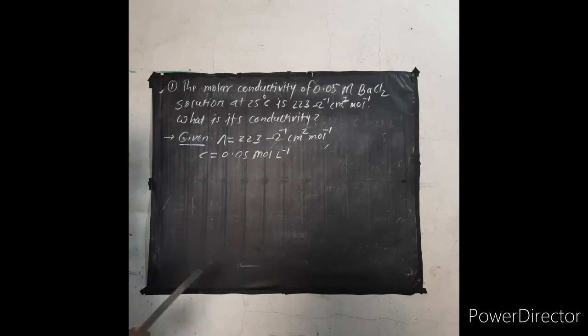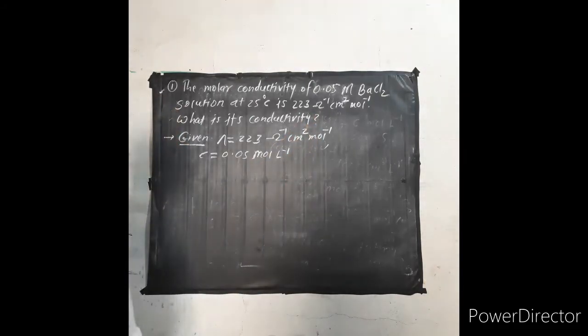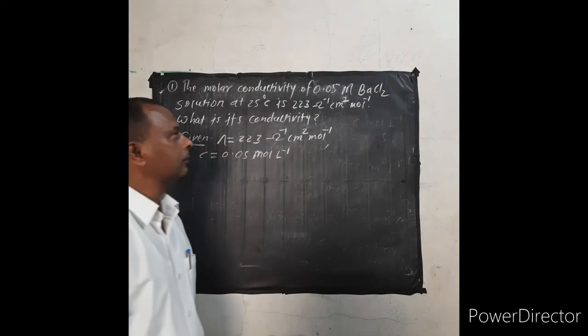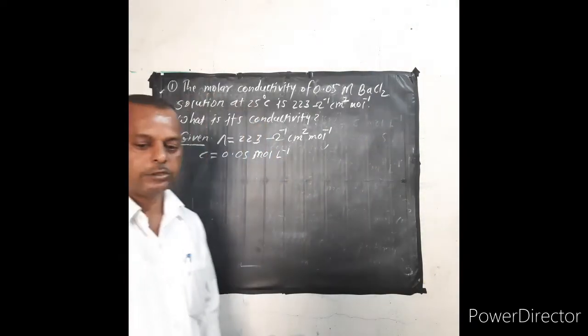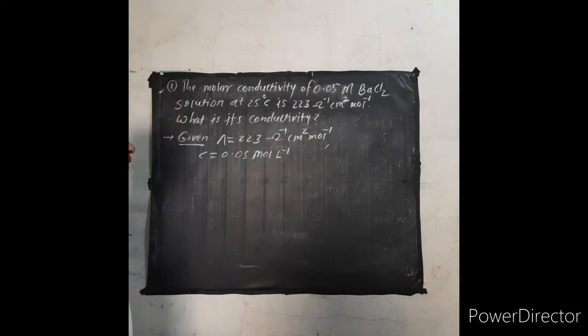What is the other given? The concentration of the solution. The solution is barium chloride, BaCl2, and its concentration is 0.05 molar.